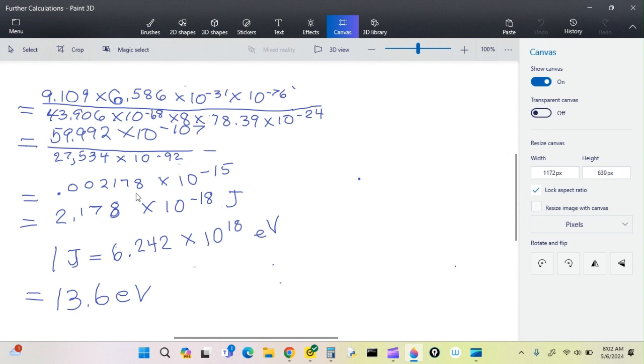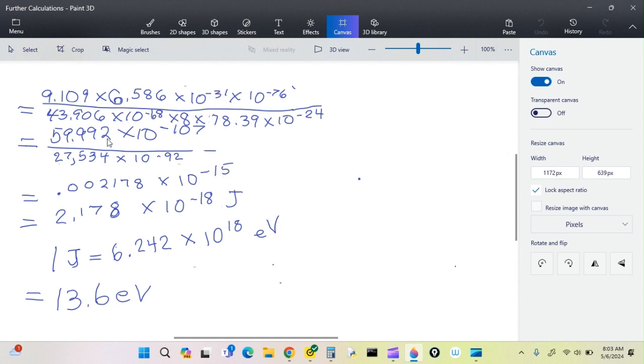Then let's see what happens here. If we take all these values together, when you do this division with a 10 to the power down here, the exponents actually take the difference of those, so that becomes a plus 92. So if you took a minus 107 plus 92, that'll give you a minus 15.